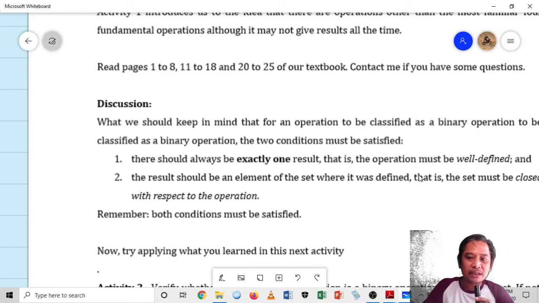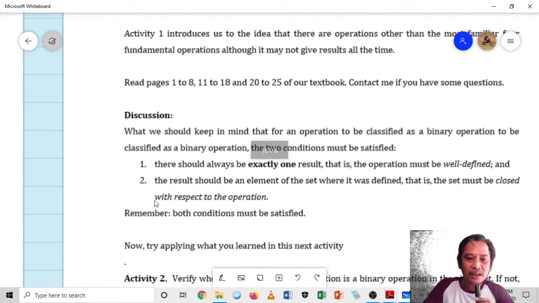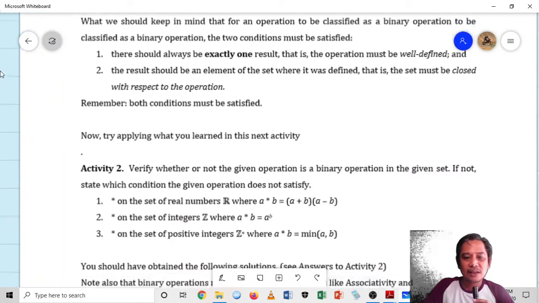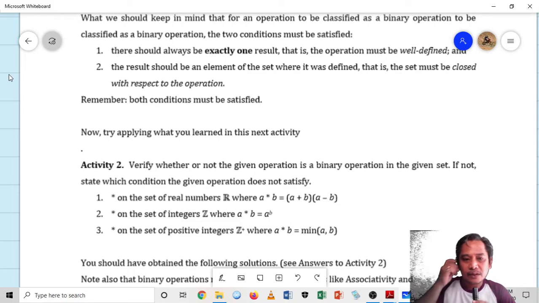We call that property closure with respect to the operation. Okay? Both conditions must be satisfied before we can say that the operation is a binary operation in the given set. So, we would also have to consider what set the operation is being defined on.